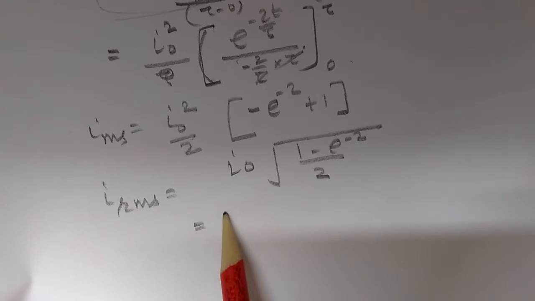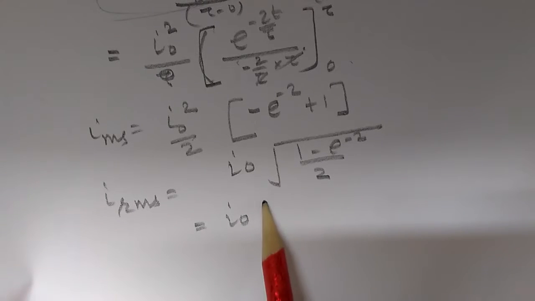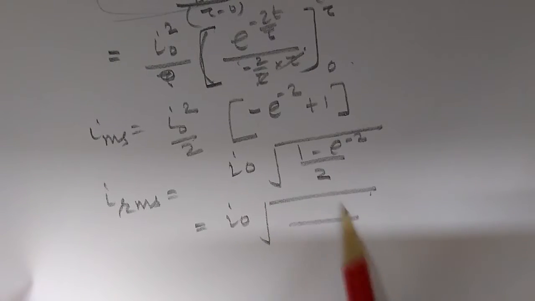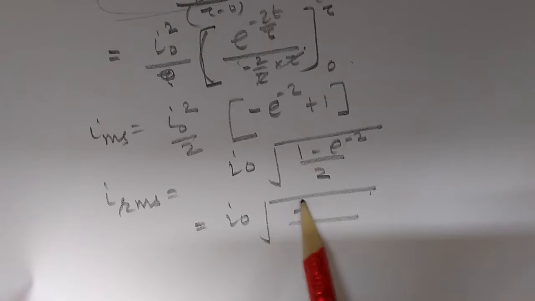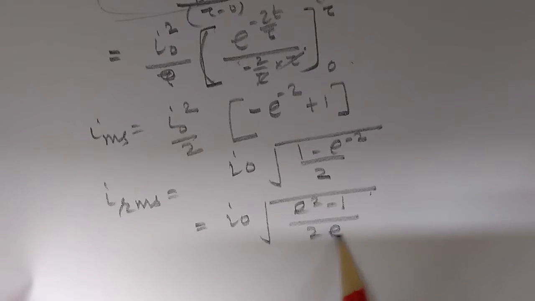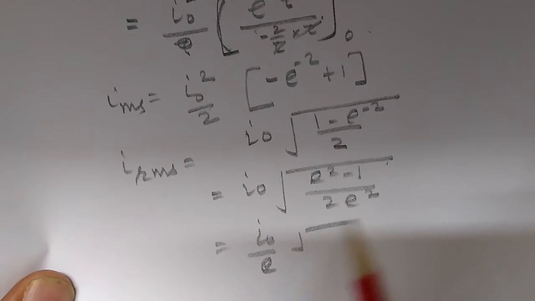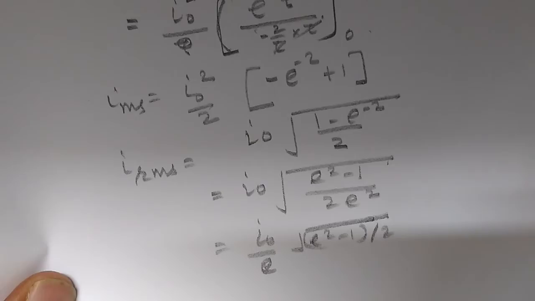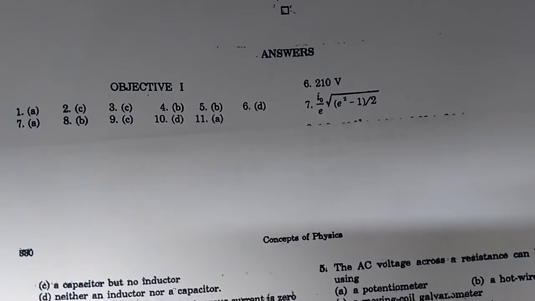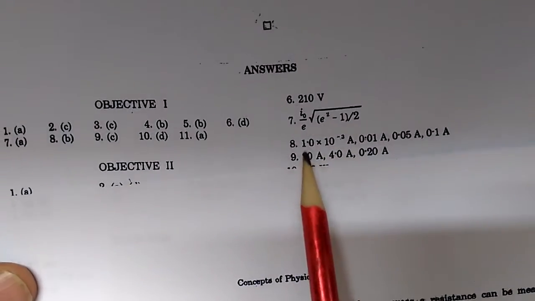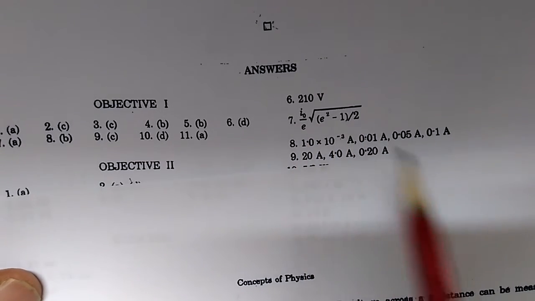If you want, you can simplify it a little: the square root of, this is 1 upon e squared, and this becomes (e squared minus 1) divided by 2e squared, or I naught divided by e times the square root of (e squared minus 1) divided by 2. And this is something you can verify from the answer given here, answer number 7: I naught by e times the square root of (e squared minus 1) by 2.